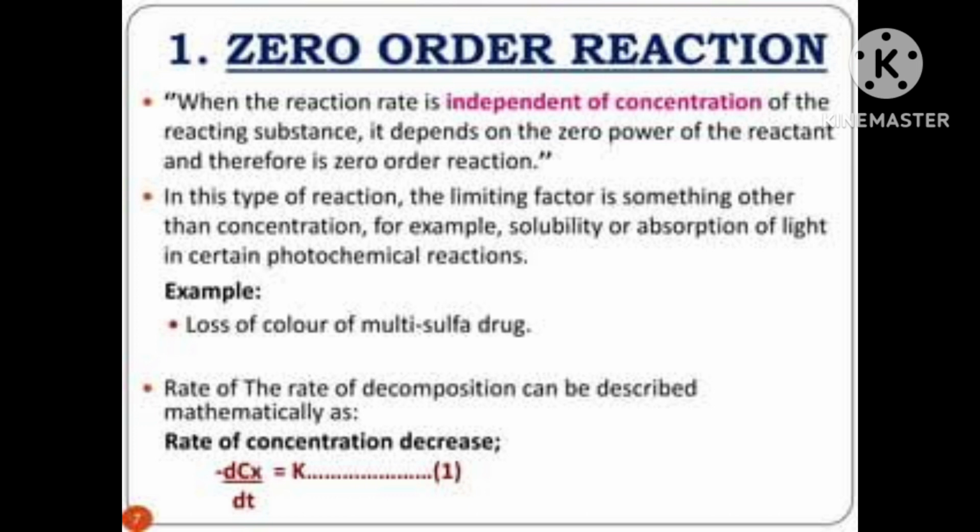But one thing I want to tell you here: suppose 3 steps are there and then you get the final product. Out of these 3 steps, which is the slowest step? The slowest step is the rate determining step. This is a very important thing I told you.